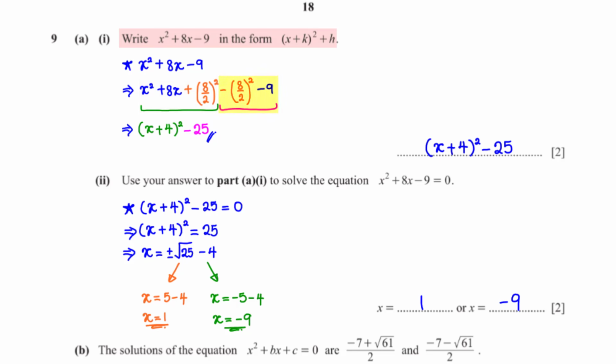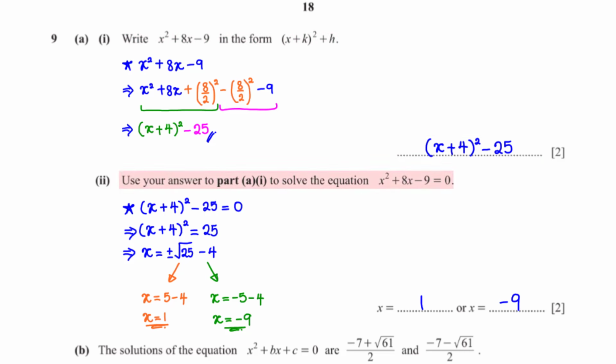When we type the other section of the expression, which is negative 8 over 2 all squared minus 9 into the calculator, we get negative 25. And so our final answer here is x plus 4 squared minus 25.